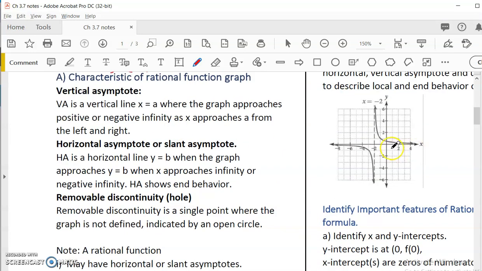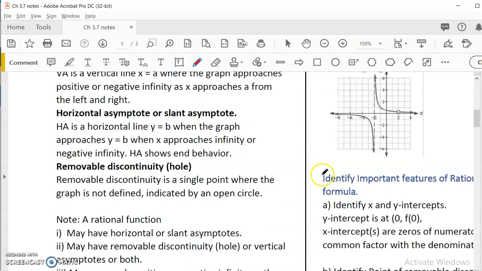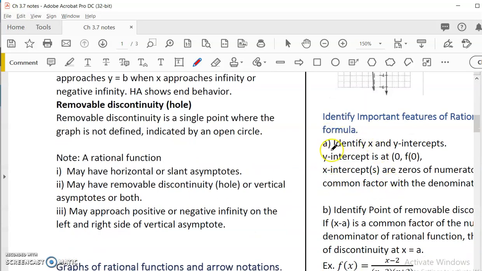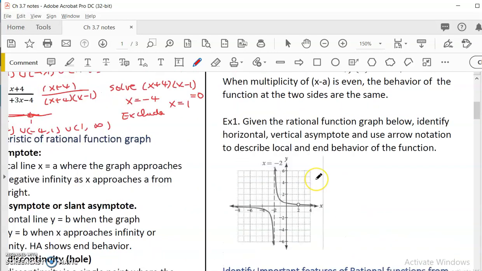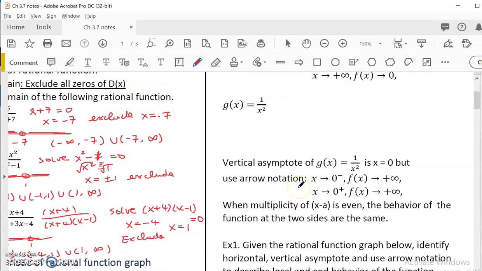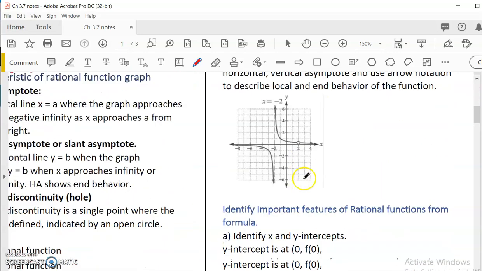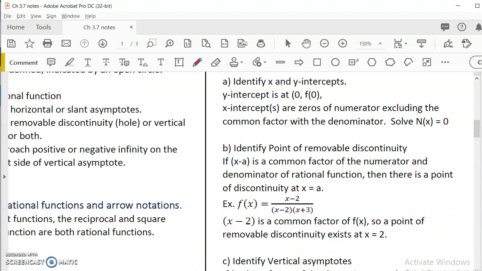So we are going to look at the graph of a rational function and also the formula of a rational function. Before we look at the graph, there's tons of them. If you look at some of the graphs, this is one of them.